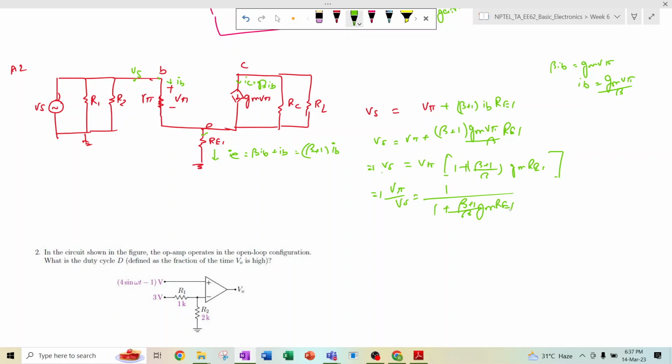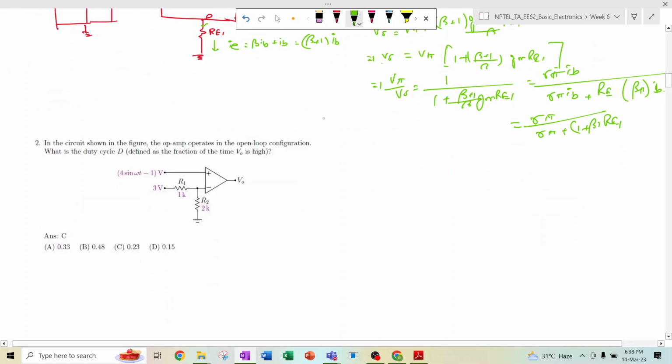So this is nothing but, we can say, R pi IB divided by R pi into IB plus RE1 into beta plus 1 times IB, because this is the V pi. So that means R pi divided by R pi plus 1 plus beta into RE1.